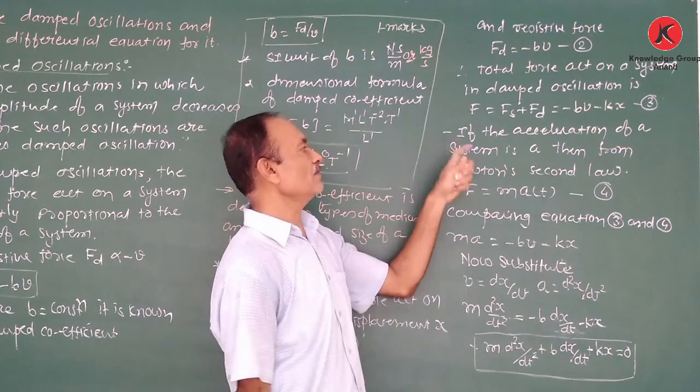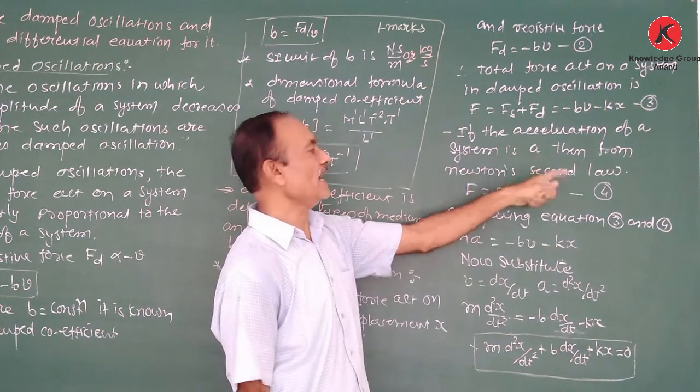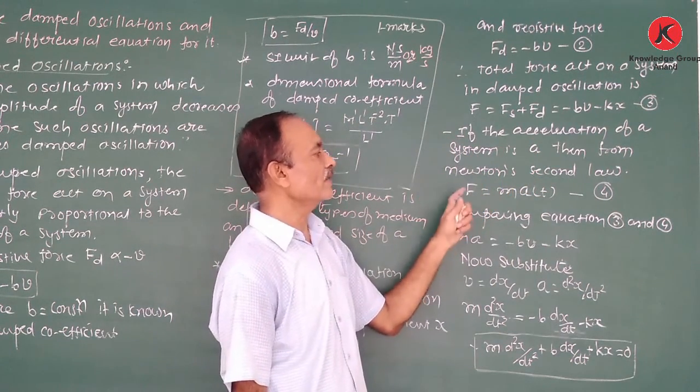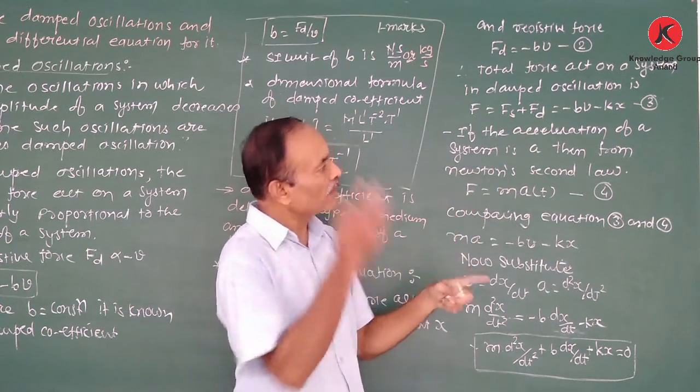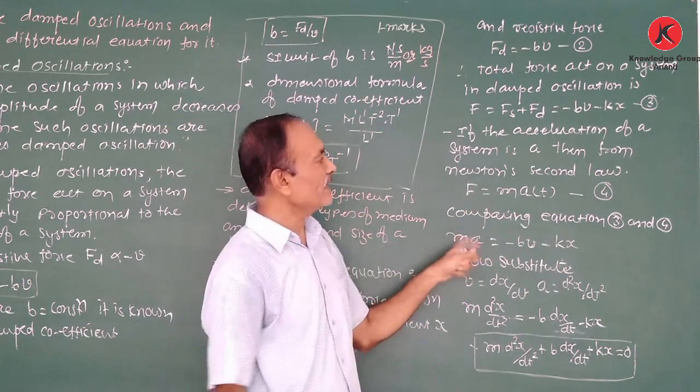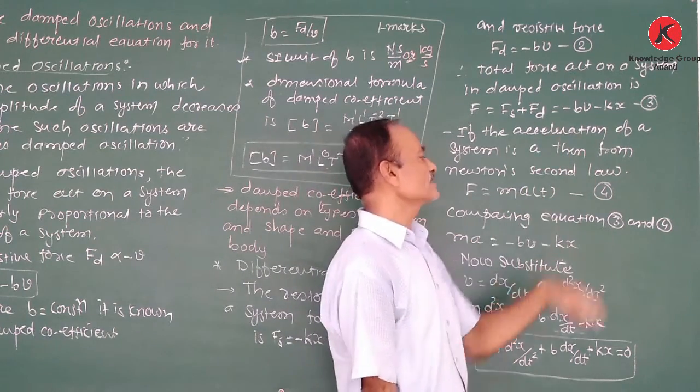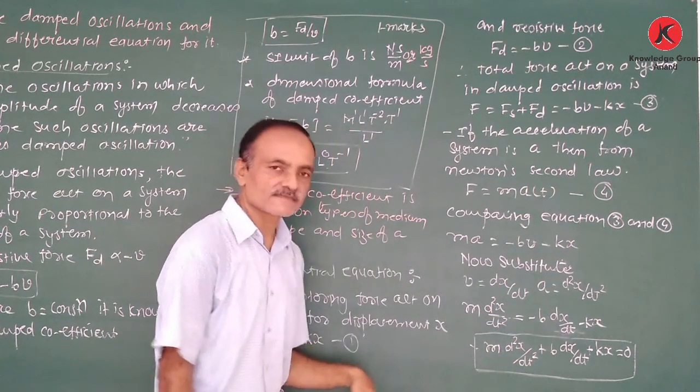If the acceleration of a system is a, then from Newton's second law, F is equal to ma. Comparing equation 3 and 4, we obtain ma is equal to minus bv minus kx.